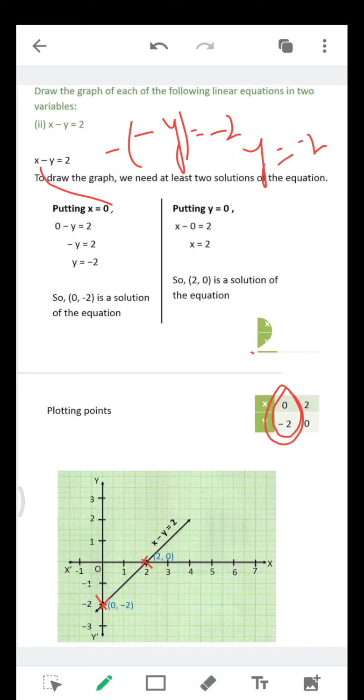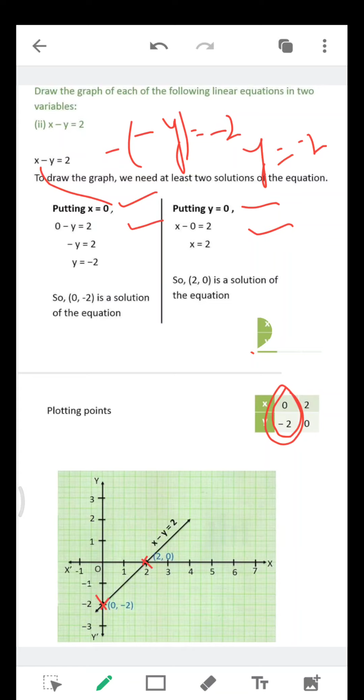This is amazing. Suppose one of your friends took x is equal to 1, y is equal to 1, or another friend took x is equal to 2, y is equal to 2. Anything you can take, doesn't matter. Whatever may be the values, because this equation has infinite solutions, when you draw the graph it looks the same for everyone.